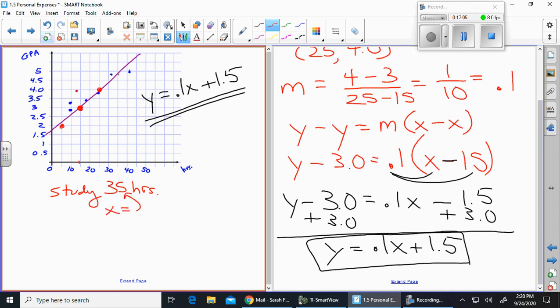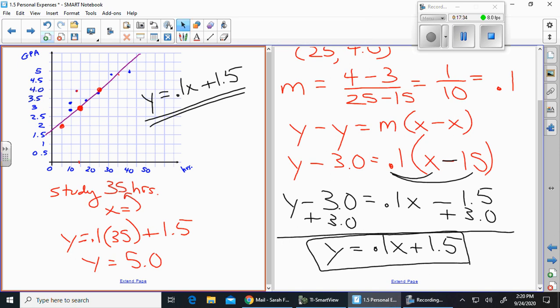You could look on your graph, but I want you to use the equation. 0.1 times 35 plus 1.5. So what you would then do is just put that in your calculator. 0.1 times 35 plus 1.5. You should get as your GPA a 5.0. Can't go much higher because you can't go higher, but that is line of best fit. Make predictions with your equations.